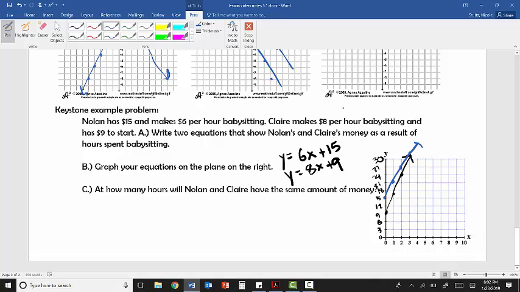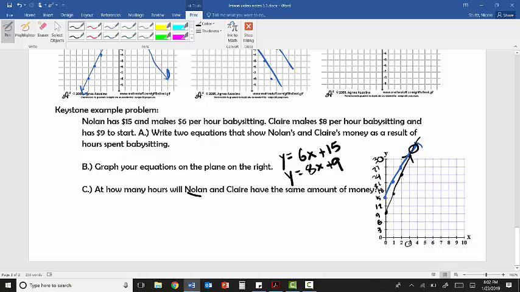It looks like if I were to extend Claire's line, they might be about here. So I would estimate maybe 3 hours is when they have the same amount of money. So we're just going to try that and see what each of them has after 3 hours.